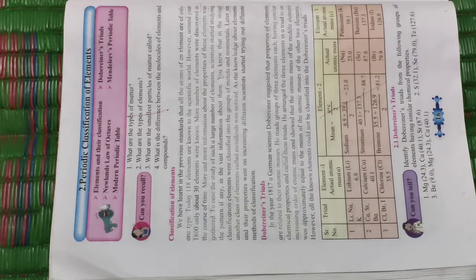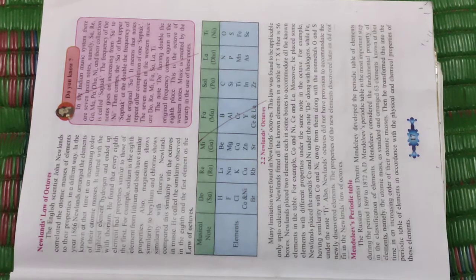Okay, in the previous lecture I also showed you the table of Newlands. Students, I also explained some limitations of Newlands' octaves. Newlands could not arrange all 56 elements. He arranged the elements only up to calcium.